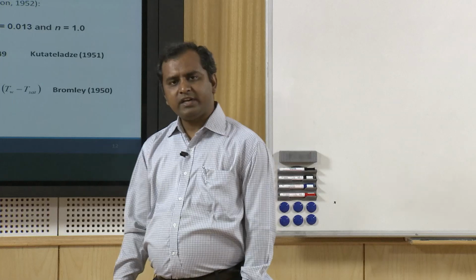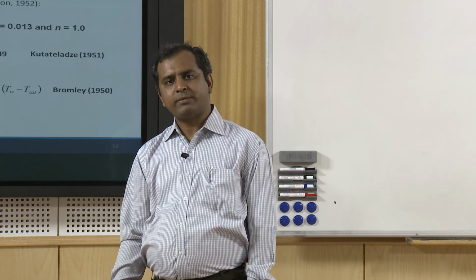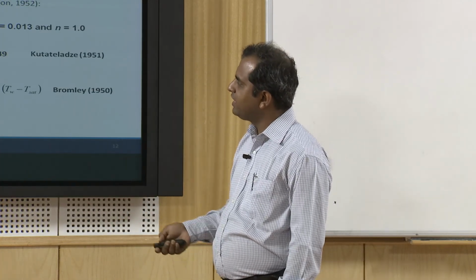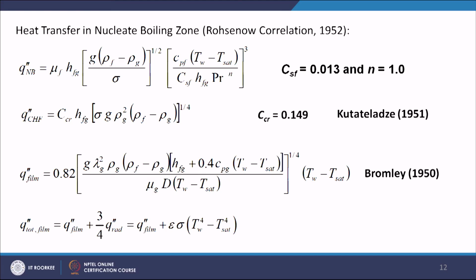Similarly, for the film boiling region, we have lots of correlations. The famous one is Bromley's correlation. In 1950, he gave this correlation. Here also you see we get the film boiling heat flux as a function of T_W minus T_sat, which is your surface superheat. All other properties are fluid properties, which you can find for the fluid combination.